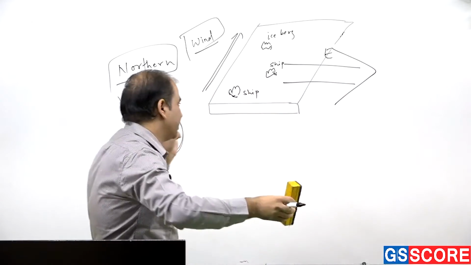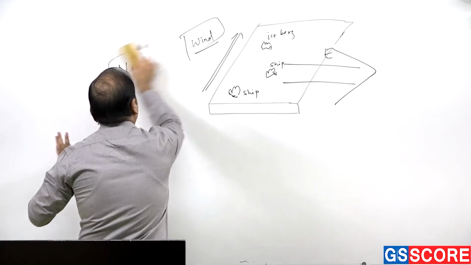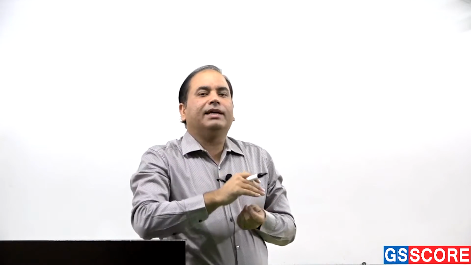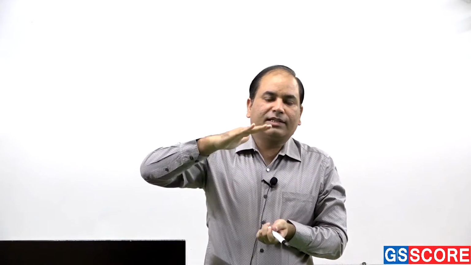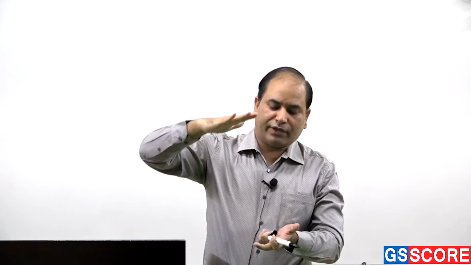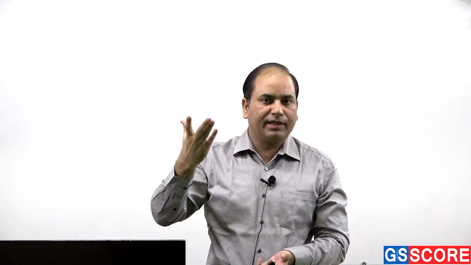Now just try to understand what Ekman has suggested. Ekman suggested that in general it appears that water is flowing as a column of water. Let's say you have the ocean, so there will be a column of water, it can be 10 meters, 20 meters, 30 meters, 40 meters.